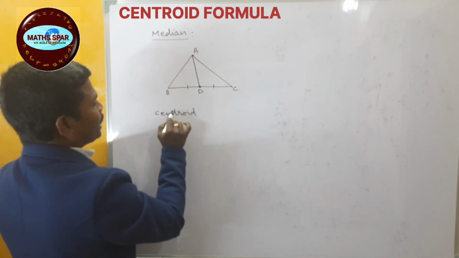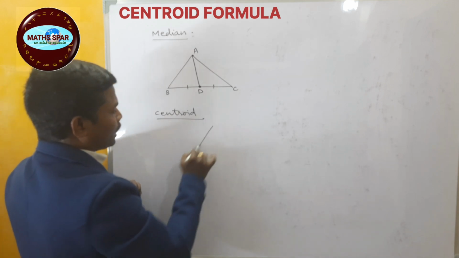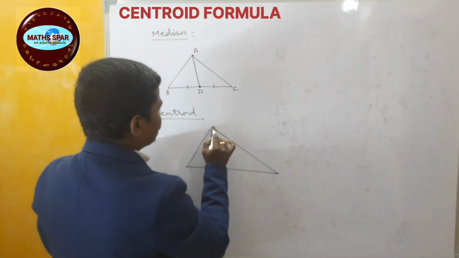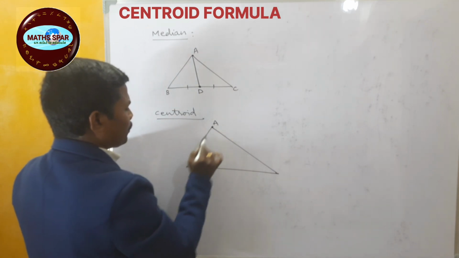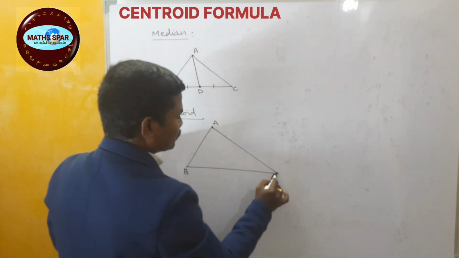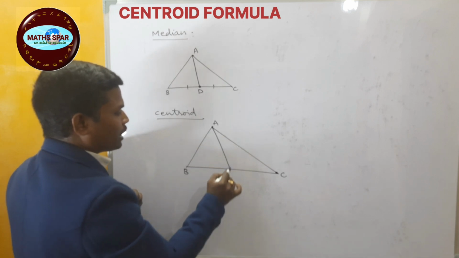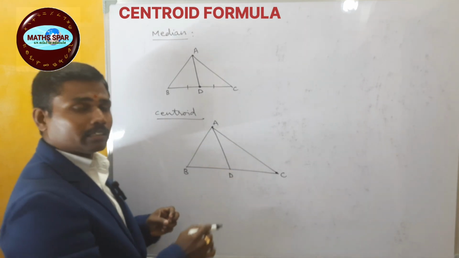such three medians. If this is a triangle ABC, then every triangle will have three medians in it.